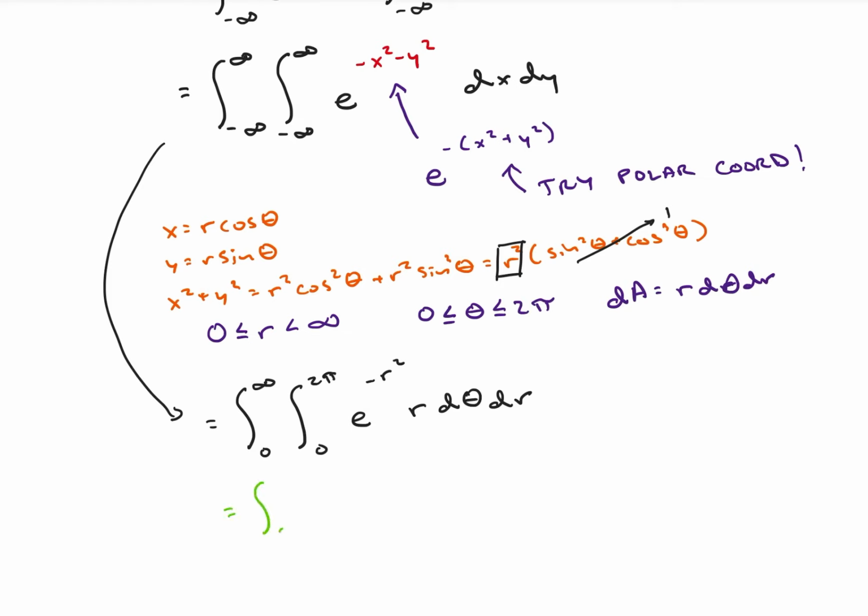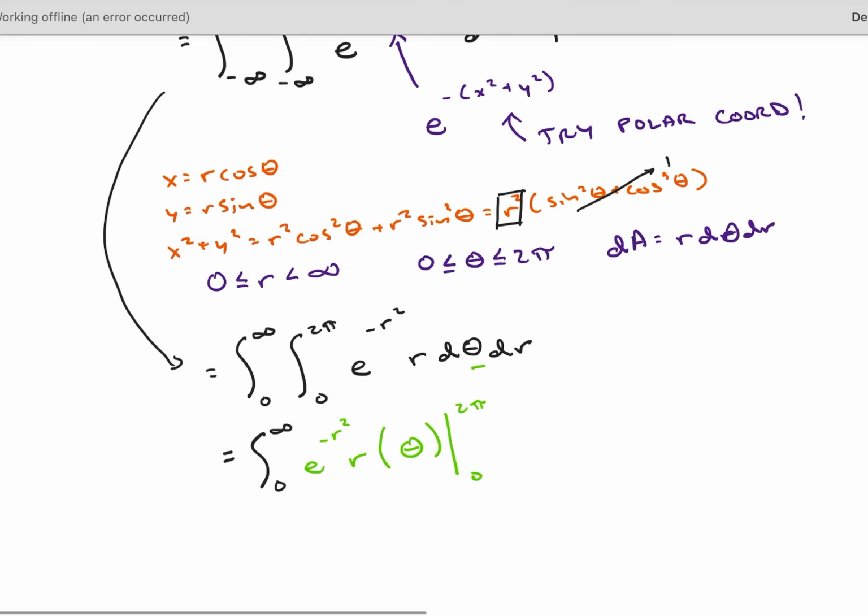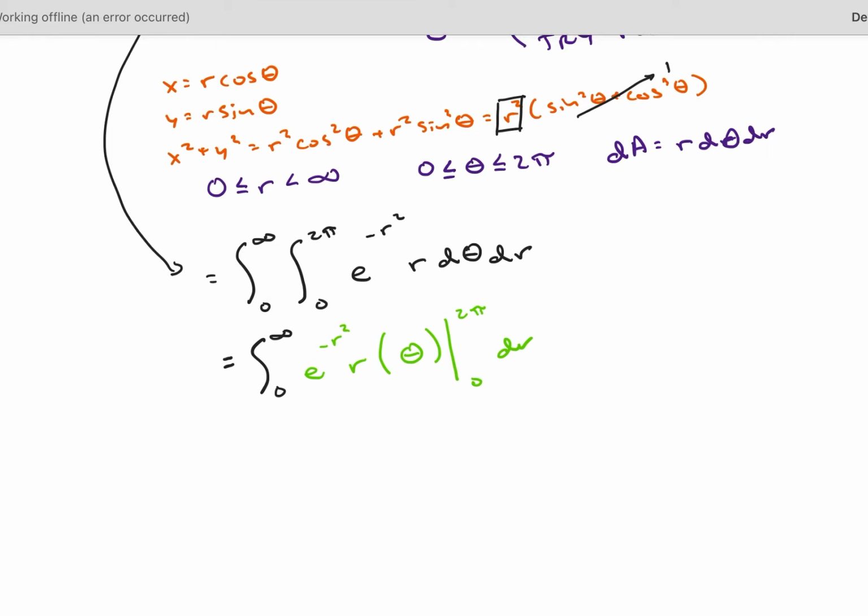This is going to be the integral from 0 to infinity of e to the negative r squared, where r is just acting like a constant, times theta, evaluated from 0 to 2 pi, times r dr. Which gives us the integral from 0 to infinity of 2 pi minus 0, which is just going to be 2 pi times e to the negative r squared r dr.